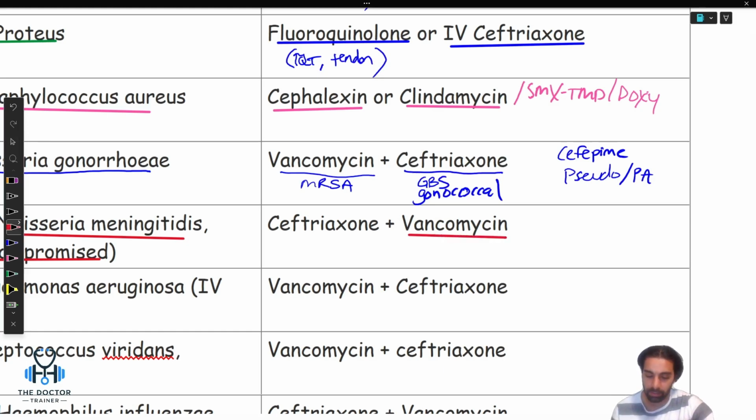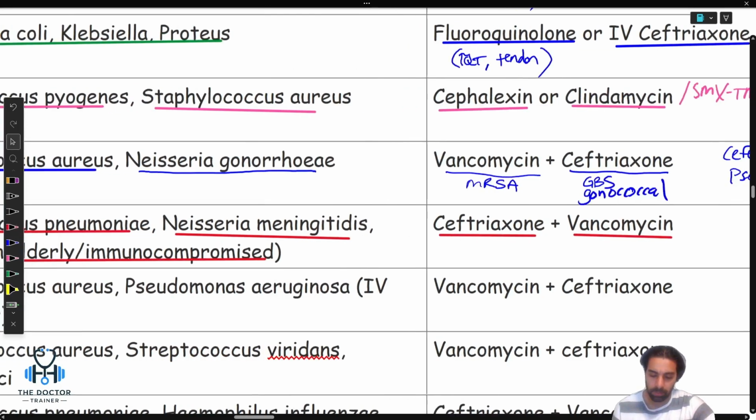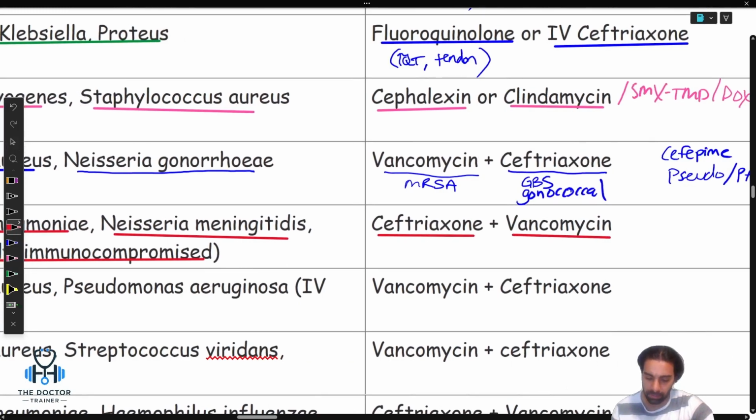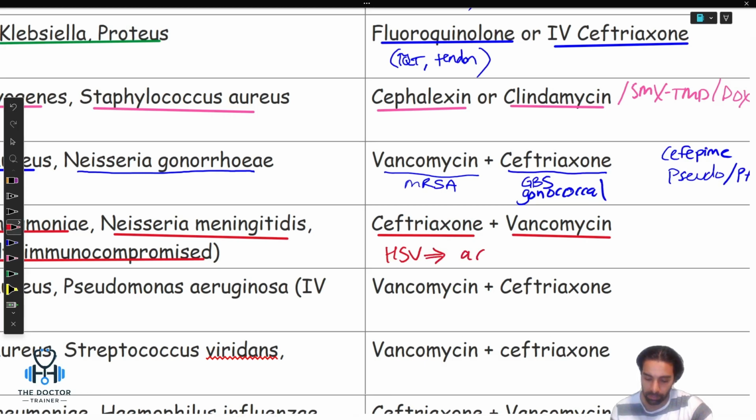Vancomycin helps with resistant strep pneumo, not necessarily MRSA in these patients. Ceftriaxone covers the rest. And if it was HSV, then we'll do acyclovir.